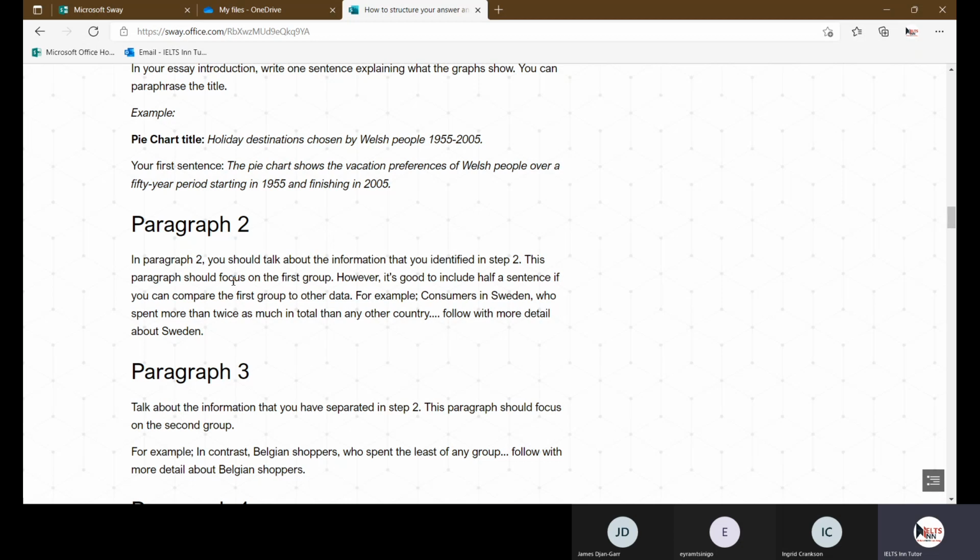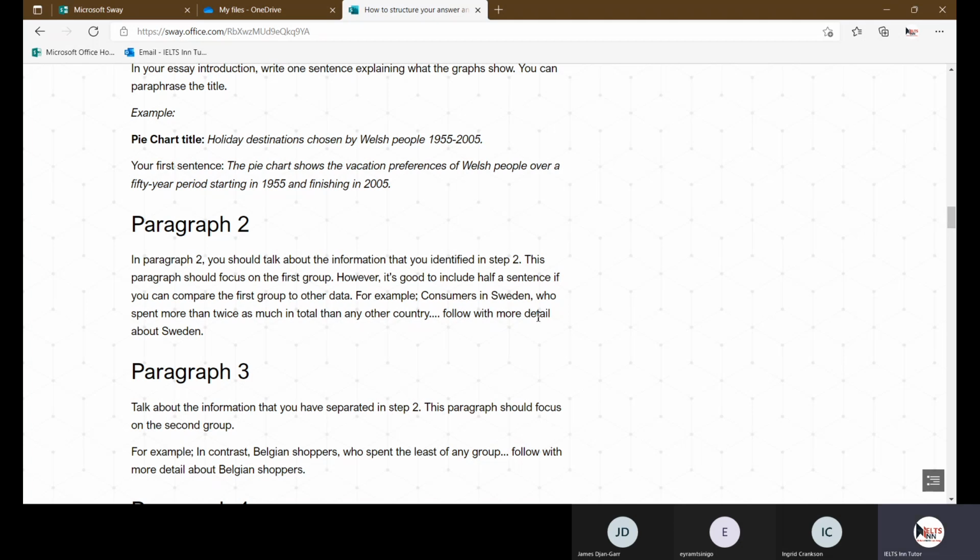This paragraph should focus on the first group. However, it's good to include half a sentence if you can compare the first group to other data. Where you've been given maybe two or three charts, or a pie chart and a table, a pie chart and a line graph, then you do the comparison or add other information here. For example, consumers in Sweden spent more than twice as much in total than any other country.